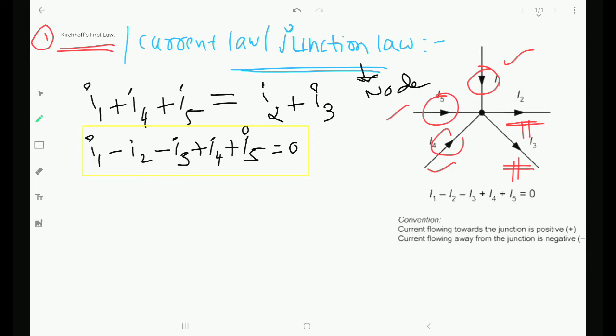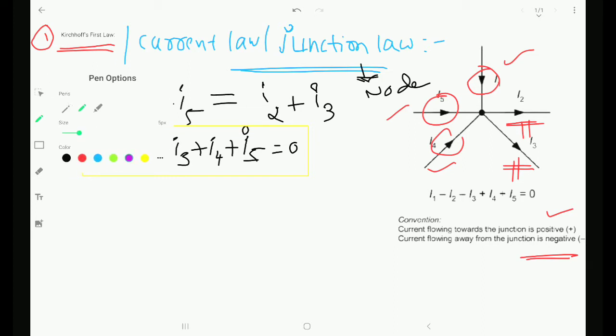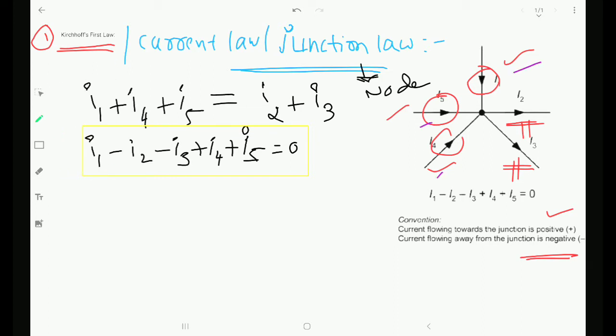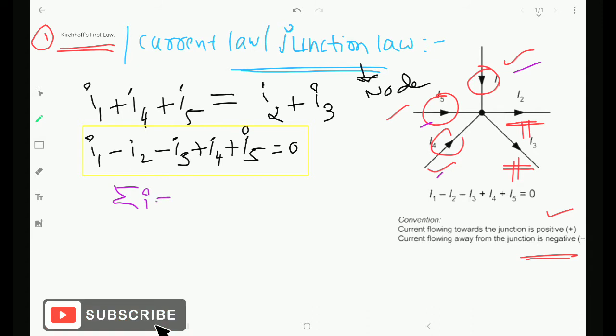The currents flowing into the junction are taken as positive, and the currents leaving the junction are taken as negative. This is a sign convention, and when using Kirchhoff's first law we must apply it. Flowing into the junction is positive, leaving the junction is negative, and the total current at the junction equals 0.